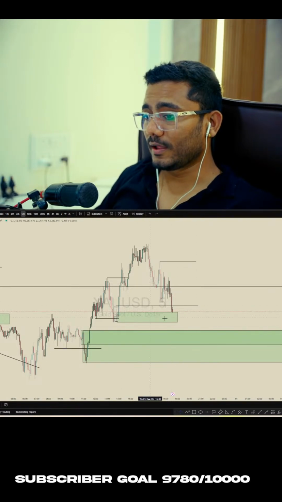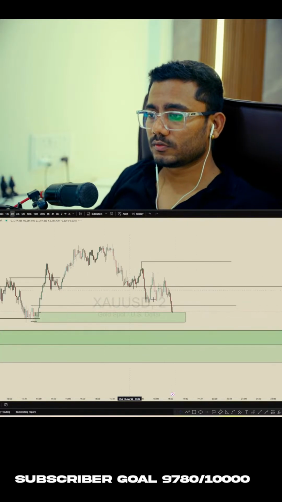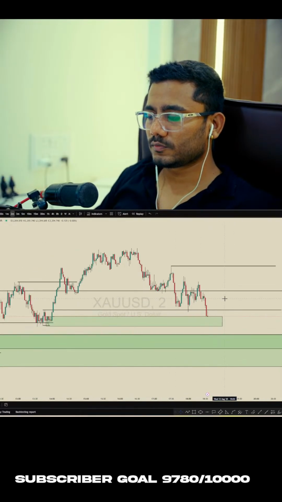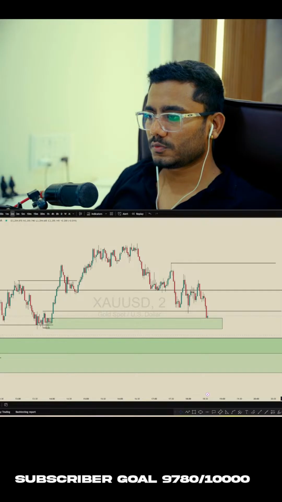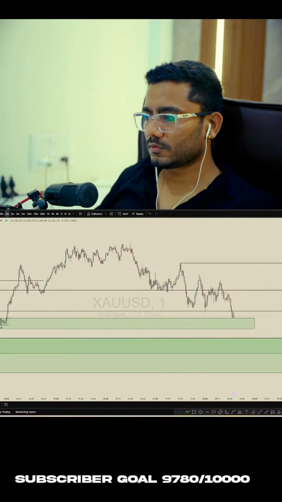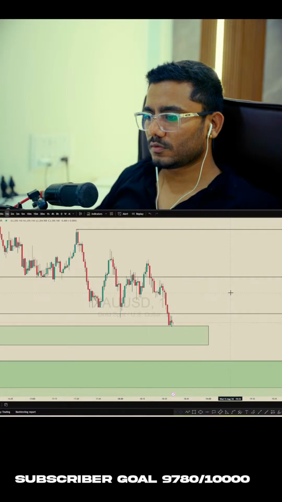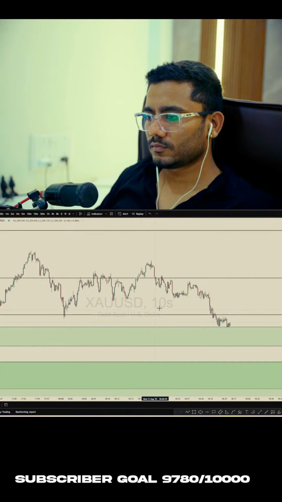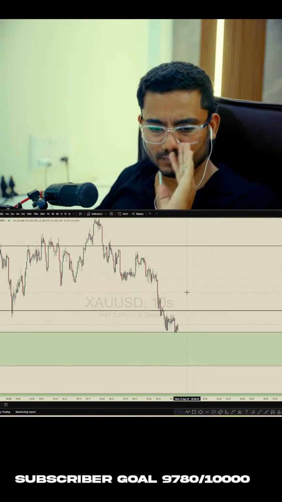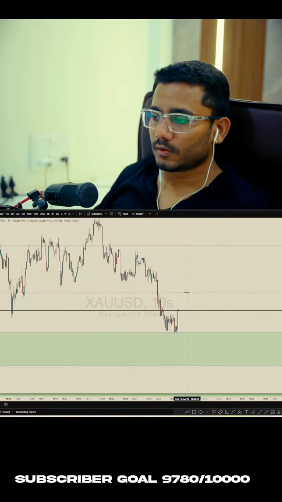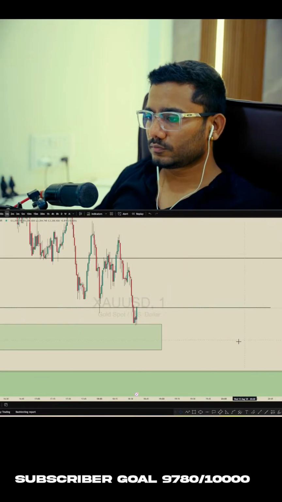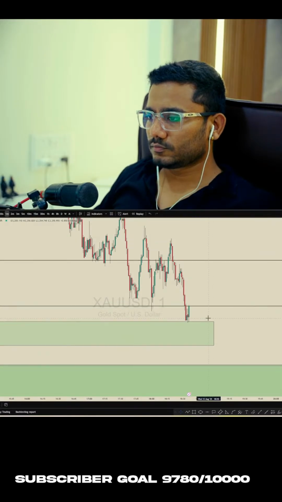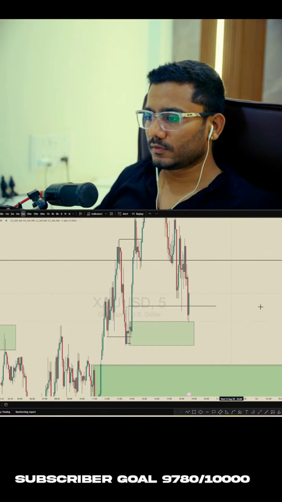Sometimes price can tap this order and it can continue. Enter with 0.5% risk.